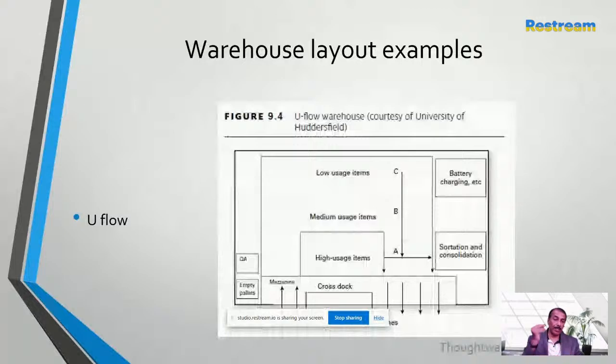Okay, the most popular could be U flow, where the material enters on one side and goes inside the warehouse and comes out for the dispatch. And you can also see here the FSN analysis being used for designing. So high fast moving items near the receipt and dispatch area, medium usage next, and low usage items on the other end.